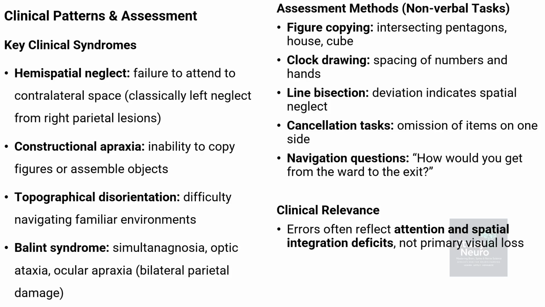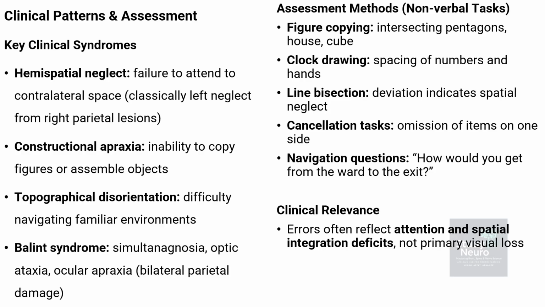Visuospatial dysfunction presents with characteristic clinical patterns, such as hemispatial neglect, most commonly left-sided neglect from right parietal lesions, constructional apraxia with impaired figure copying, topographical disorientation affecting navigation, and Balint syndrome from bilateral parietal damage.